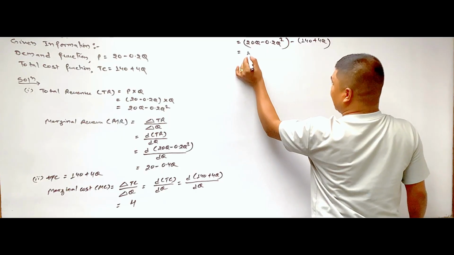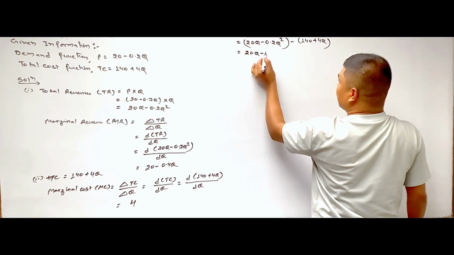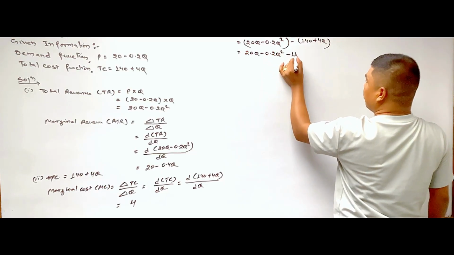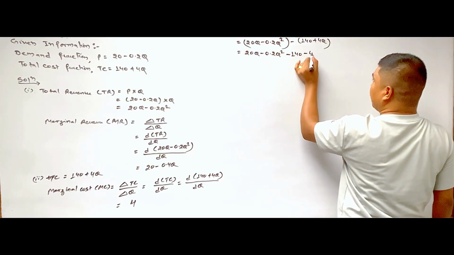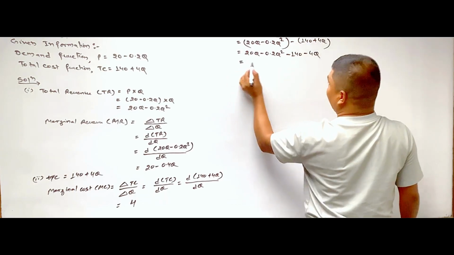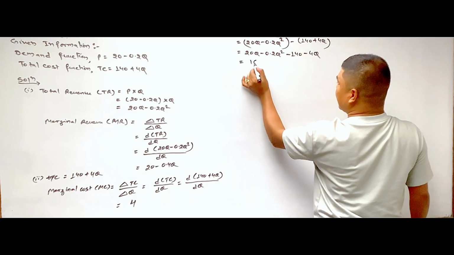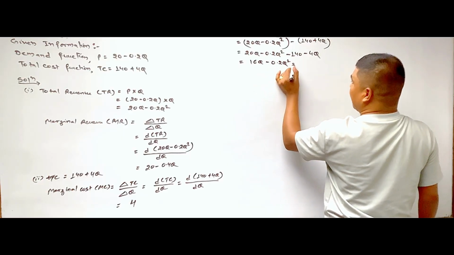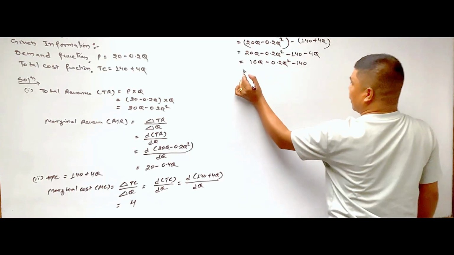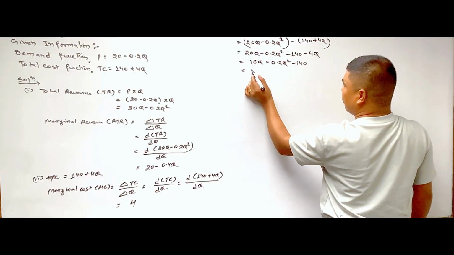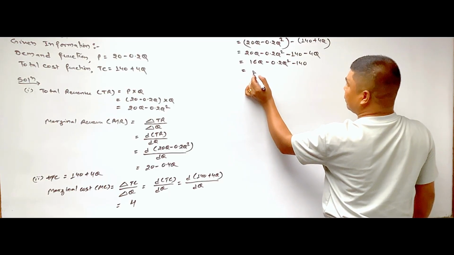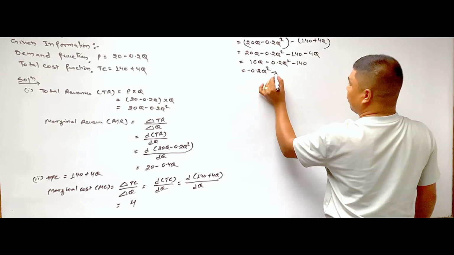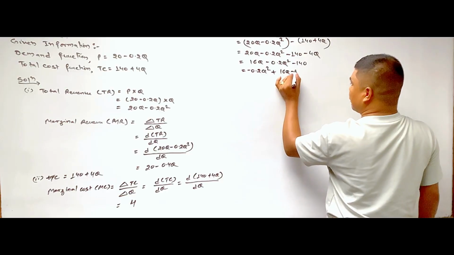Then opening the bracket: 20Q minus 0.2Q square minus 140 minus 4Q. 20Q minus 4Q is 16Q, minus 0.2Q square minus 140. Then we put the square term in front: pi equals minus 0.2Q square plus 16Q minus 140.